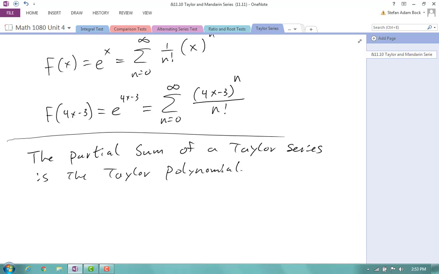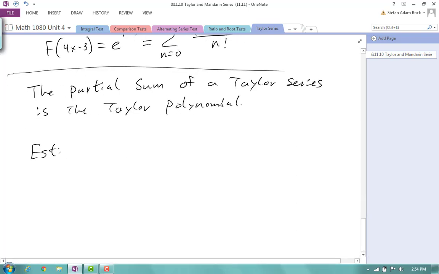But in particular, if I take the partial sum of a Taylor series, I'll have what's called the Taylor polynomial, and it's going to serve as an approximation of my function. Because if I asked you to find out what e squared is equal to, you would be kind of stuck. There's no way for us to do that really by hand except with a calculator. However, a Taylor series or polynomial is much easier to evaluate.